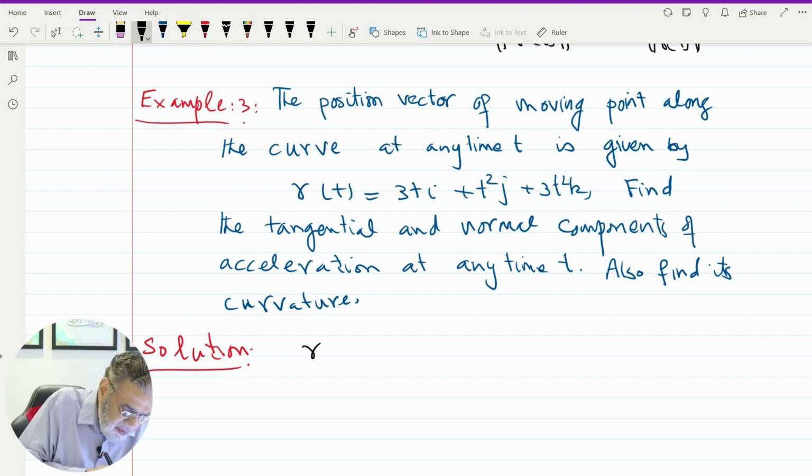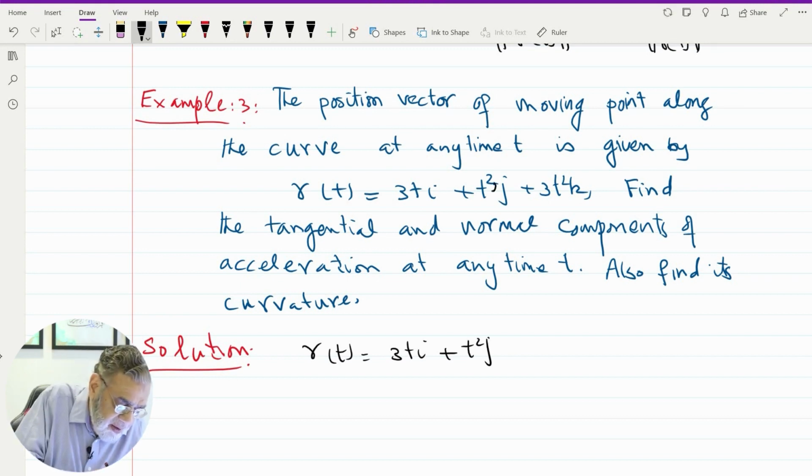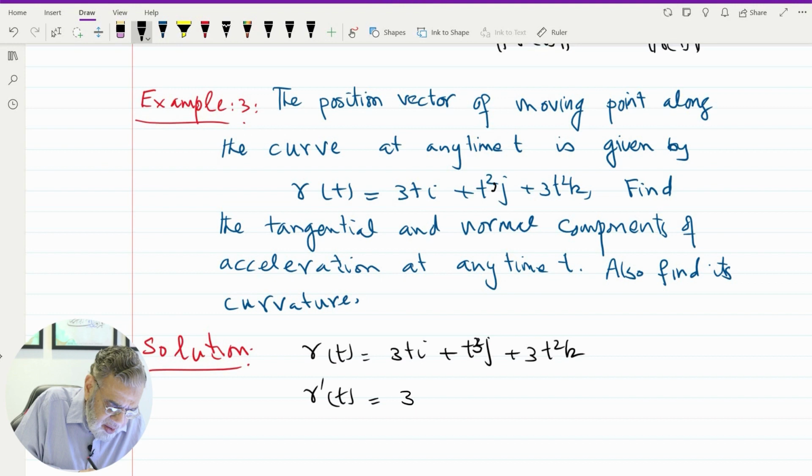So we have r of t equal to 3t i plus t squared j plus 3t cubed k. Find r dash of t, which is our velocity: 3i plus 3t squared j plus 6t k, the first derivative.